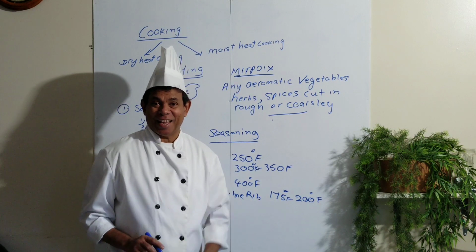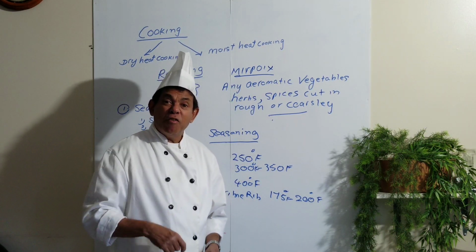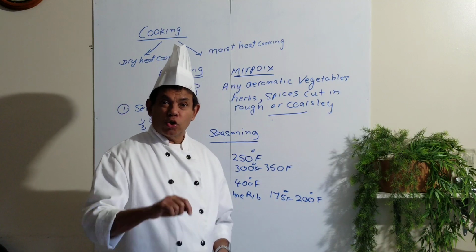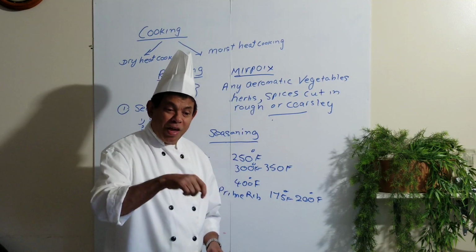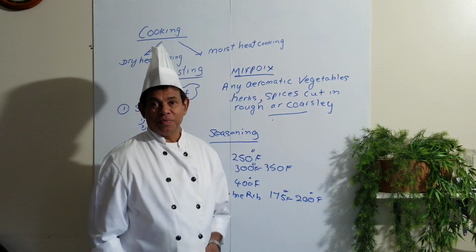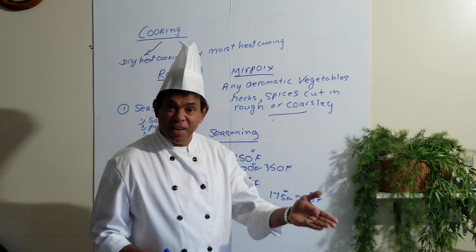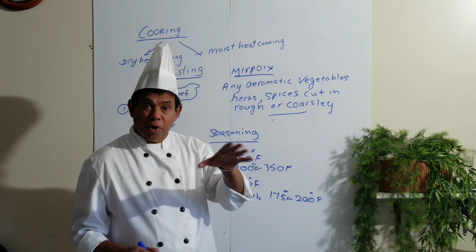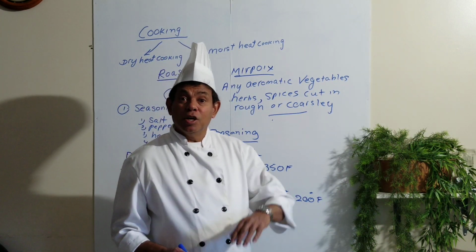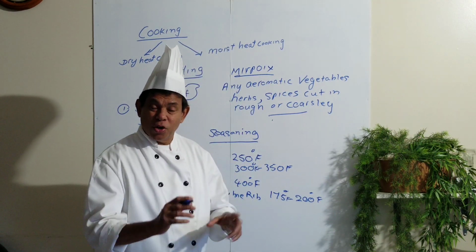What is basting? Basting means every 30 minutes or 20 minutes we are coating the fat on the top of the meat. There are different reasons. One is flavoring, another is protecting, another is moisturizing and moist heating, moist cooking.